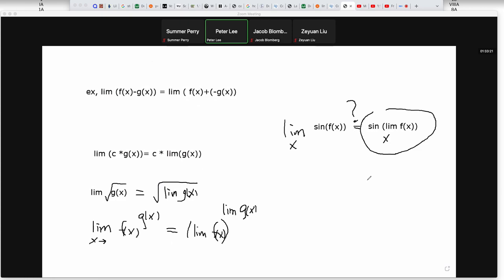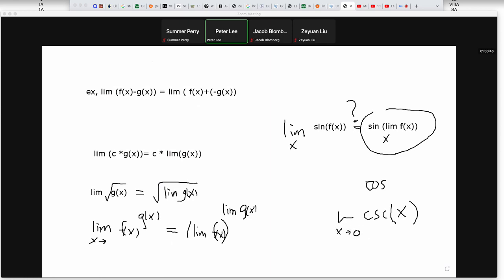Let's say we have tangent, cosine, or cosecant, with x heading to 0.